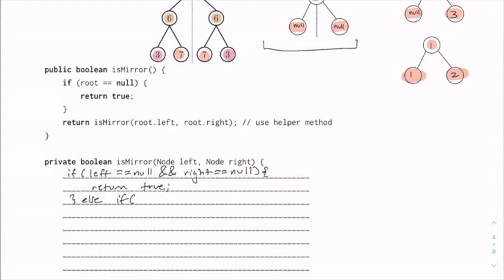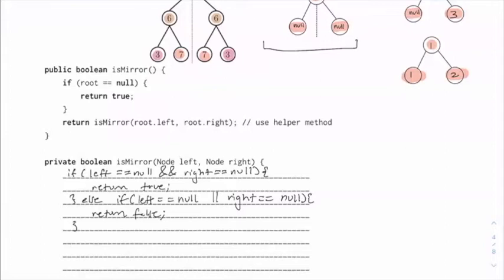And also using the fact that we are using an else if, although even if we didn't have an else if, we have a return true, so it wouldn't matter. And the reason why having this case above is important is because what I'm going to write here is left equals null or right equals null. And in this case, we're going to return false.